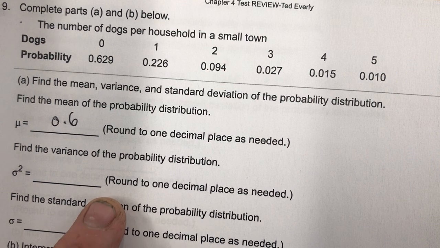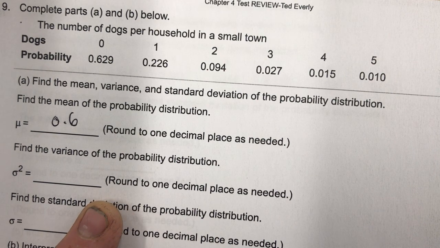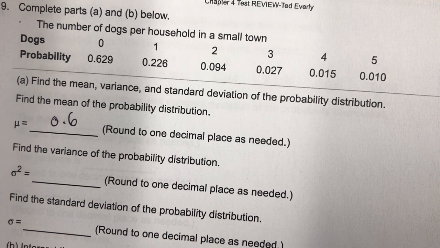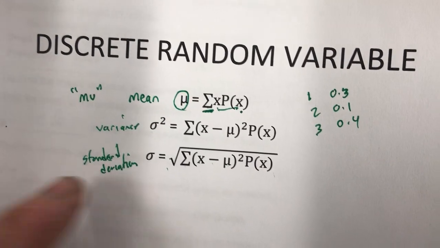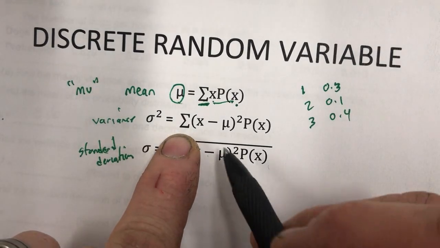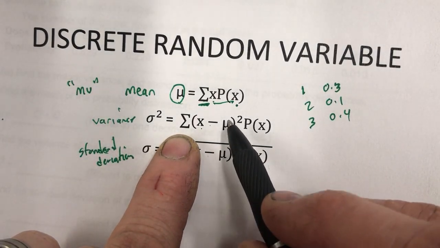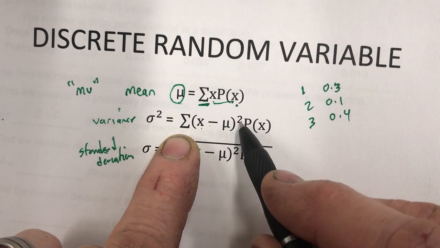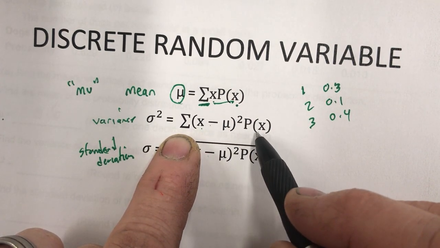All right, now we've got to find the variance. For the variance, I've got to sum up each x minus the mu, square that, times its probability.